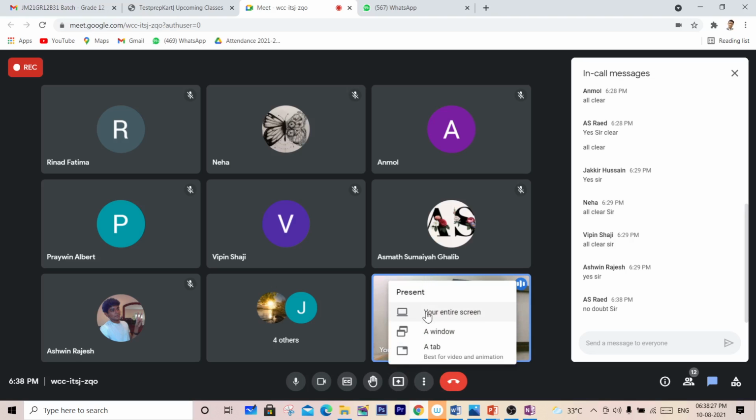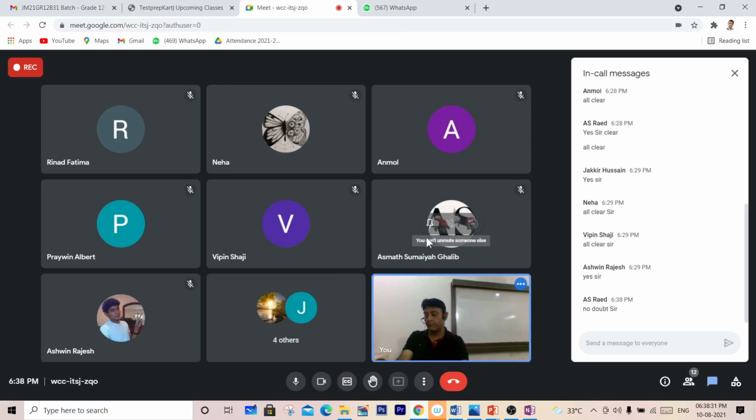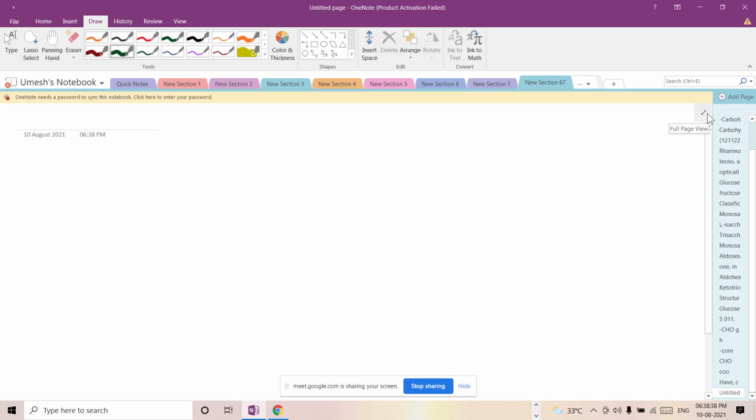Now again sharing my screen with you. When we represent the linear straight chain structure of glucose, there are some examples which prove that it is not a straight chain.